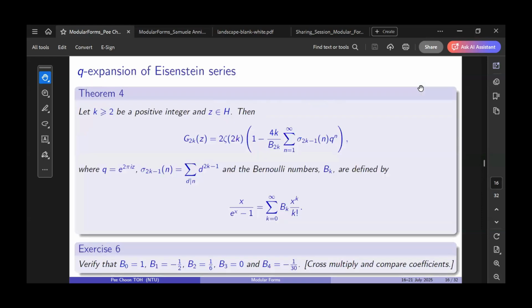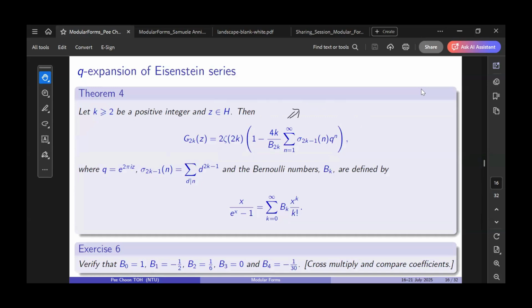This form of G2K here is ugly, right? As you can see, this contains pi, and this is very hard to calculate. So what if we basically only use this one?